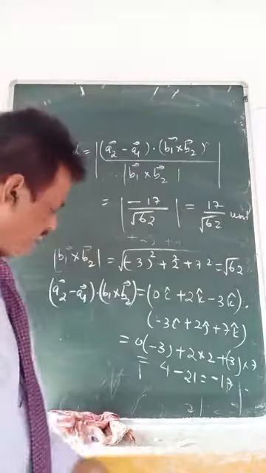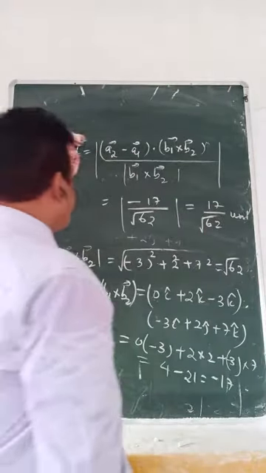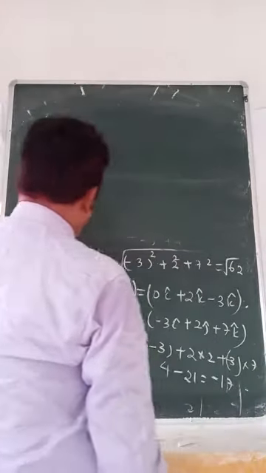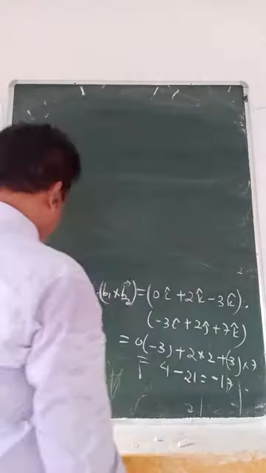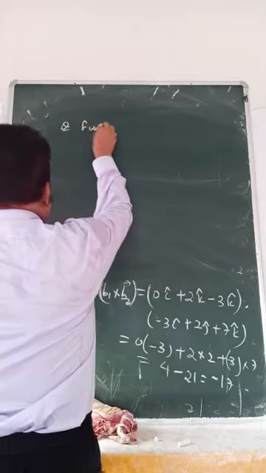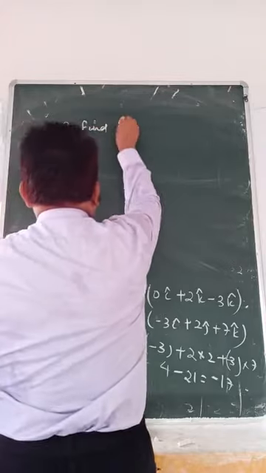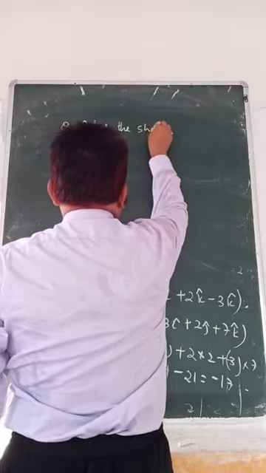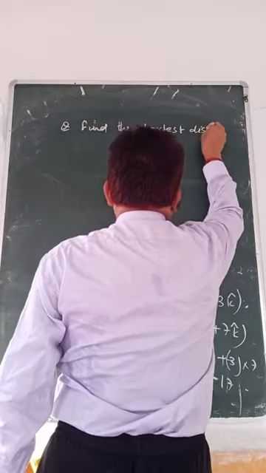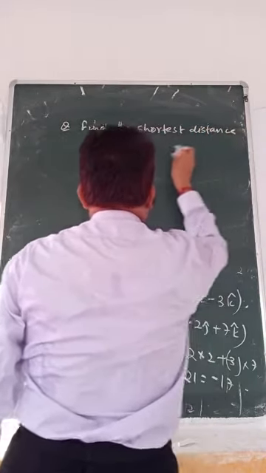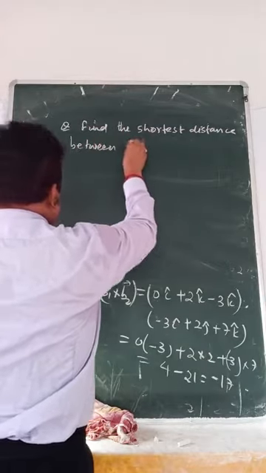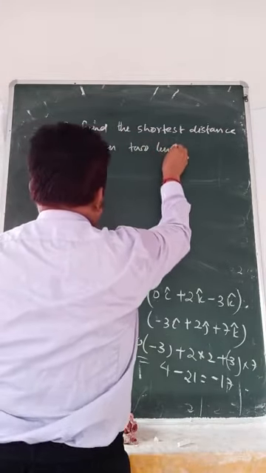Okay, then let's see one Cartesian form. Find the shortest distance between two lines.